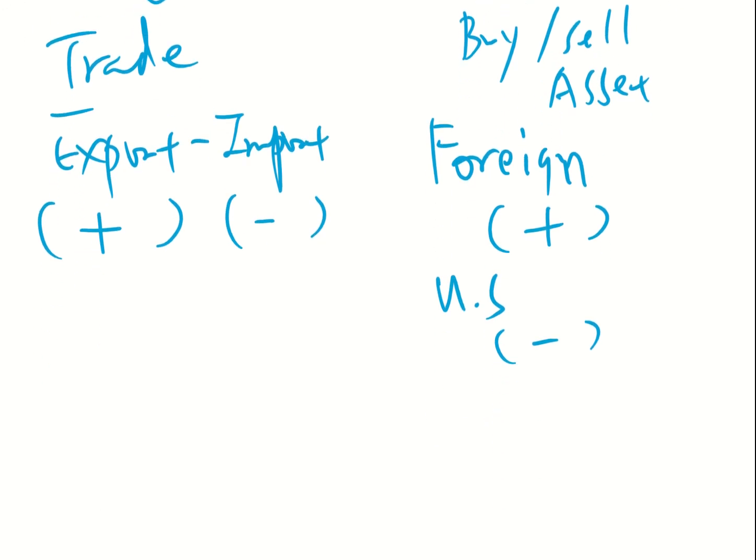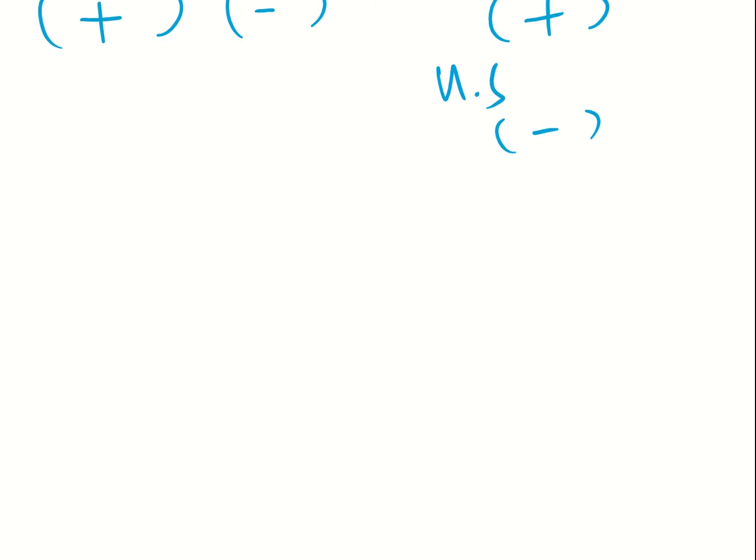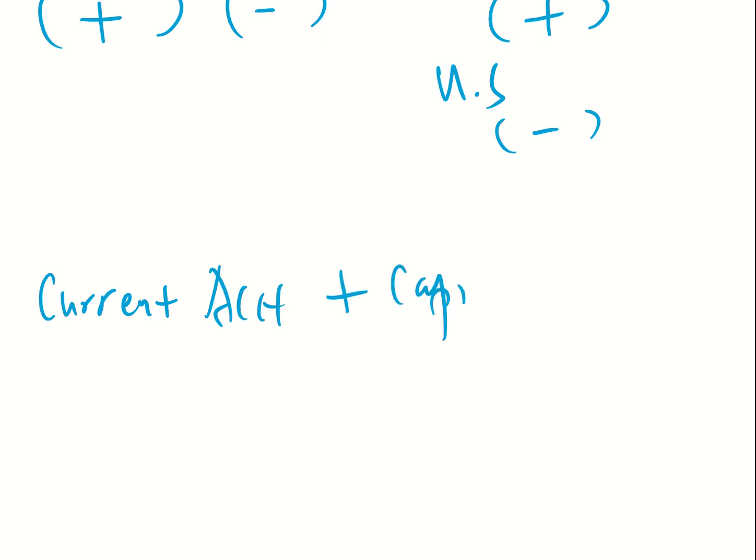And for the balance of payment, we're saying that your current account plus your capital account equals 0.